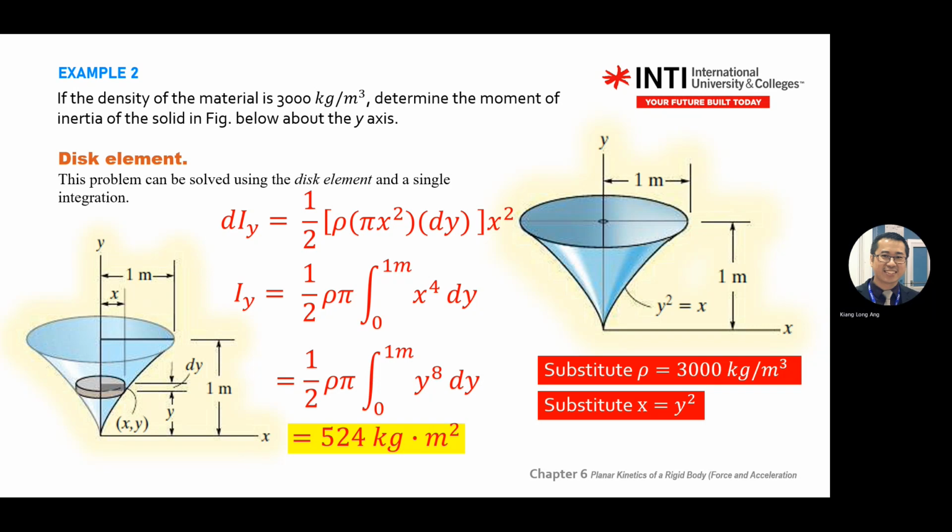Recap. Shell method, what is changing? This axis change, right? dx or dy doesn't matter. So this axis change.